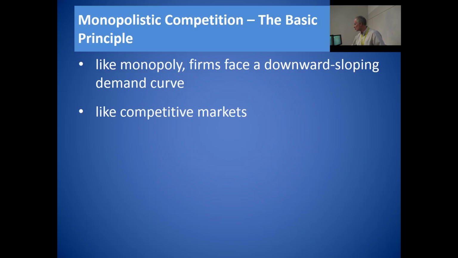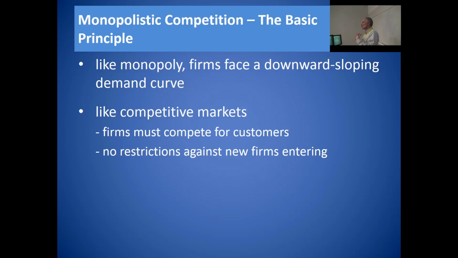However, there are also aspects of competition. Firms must compete for customers. They've got a downward sloping demand curve, but that only takes them up to a certain level. You need to compete for customers, and price is obviously one of these things. Also, though, just like competitive markets, there are no barriers to entry, and in particular, high potential profits will attract new firms into the industry.